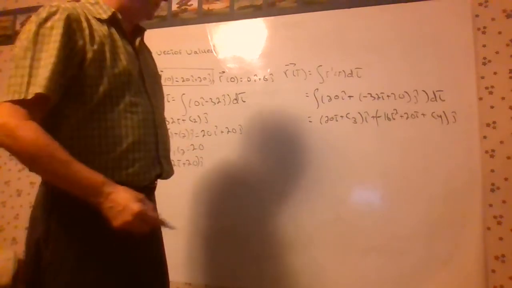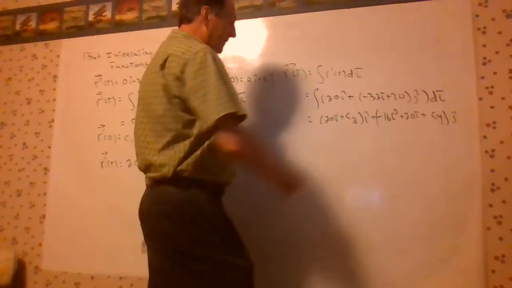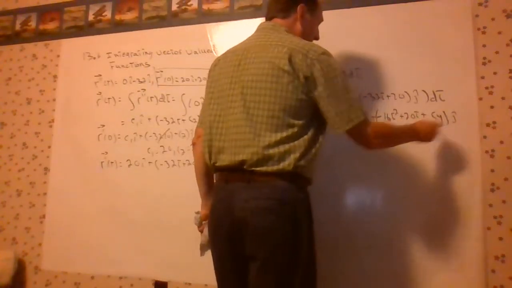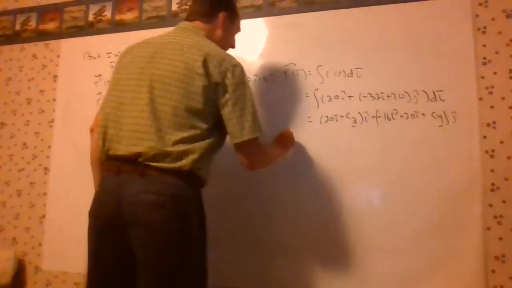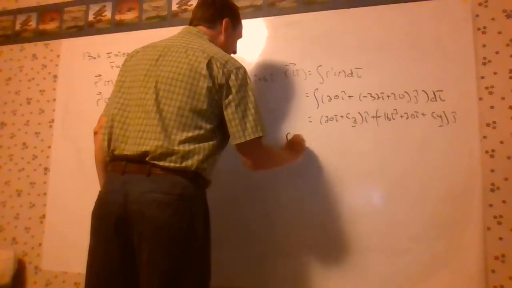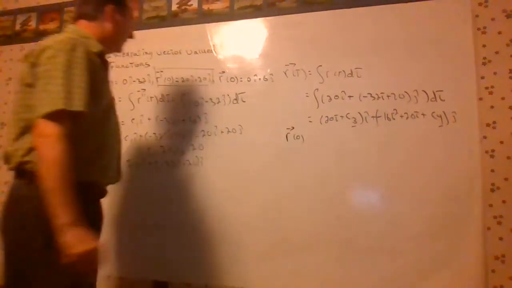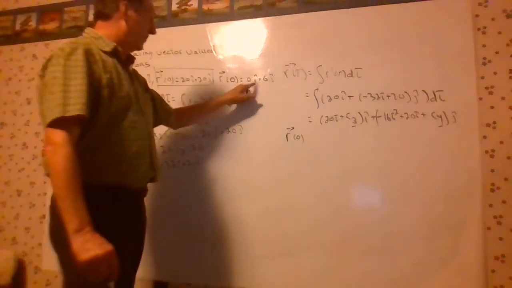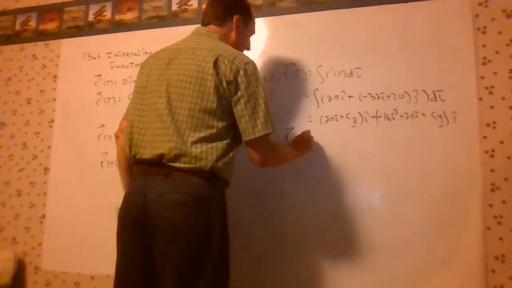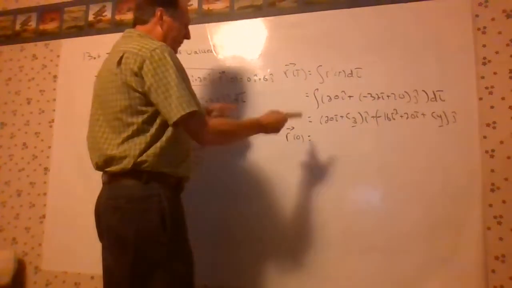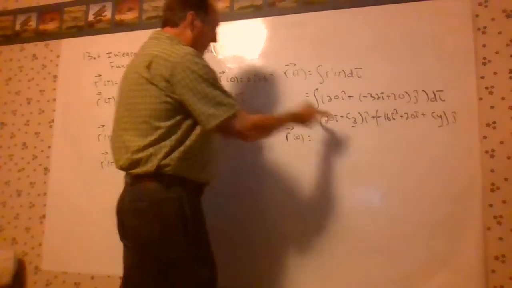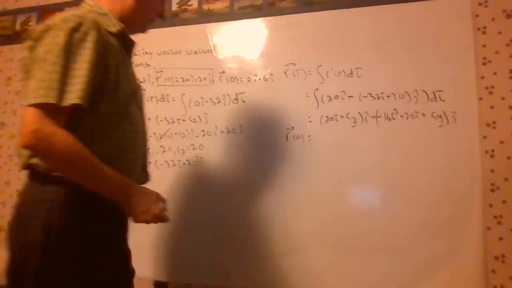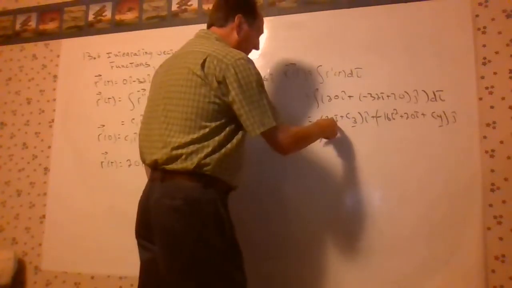It probably looks familiar. Now, of course, we have to figure out c3 and c4. So r of 0 is given to be 0i plus 6j. You can set it equal to this, then substitute, or you can substitute, then set it equal to this. Doesn't make one bit of difference. Let's substitute 0 here.